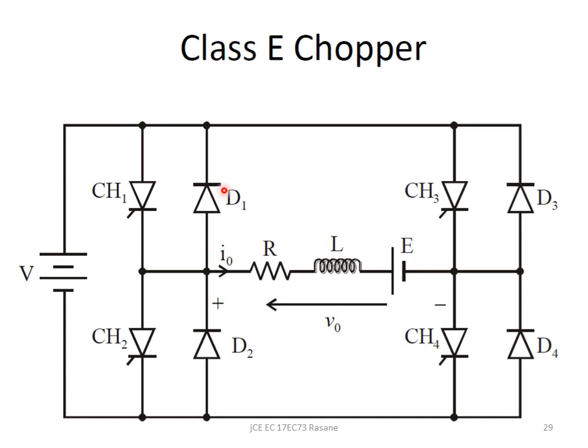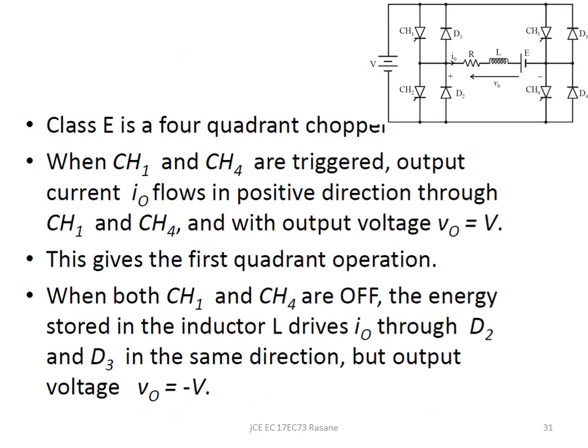Now what conducts in this way? This is how the control of motor and braking of motor in the positive direction as well as in the negative direction is observed. So if you see four quadrant operation, class E, we call it four quadrant chopper operation. With CH1 and CH4, these two are triggered, output current is going to flow in the positive direction.